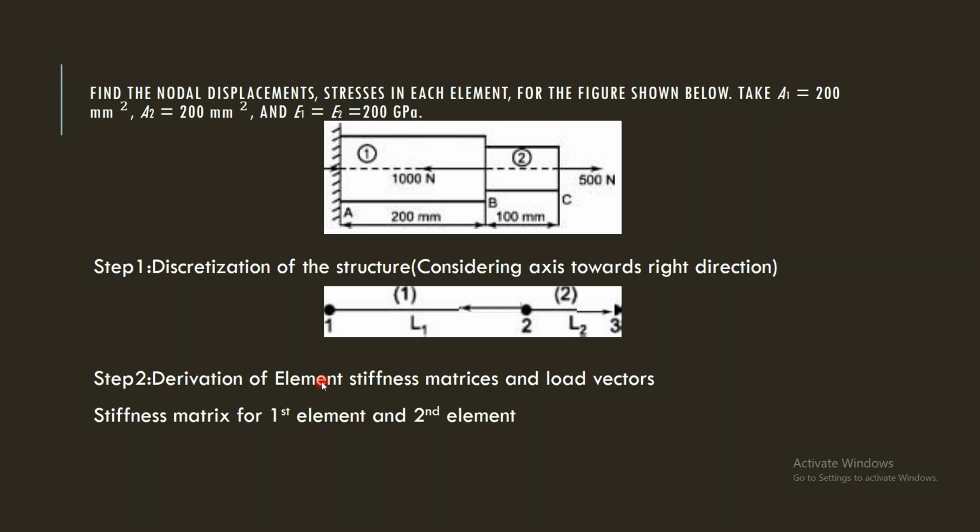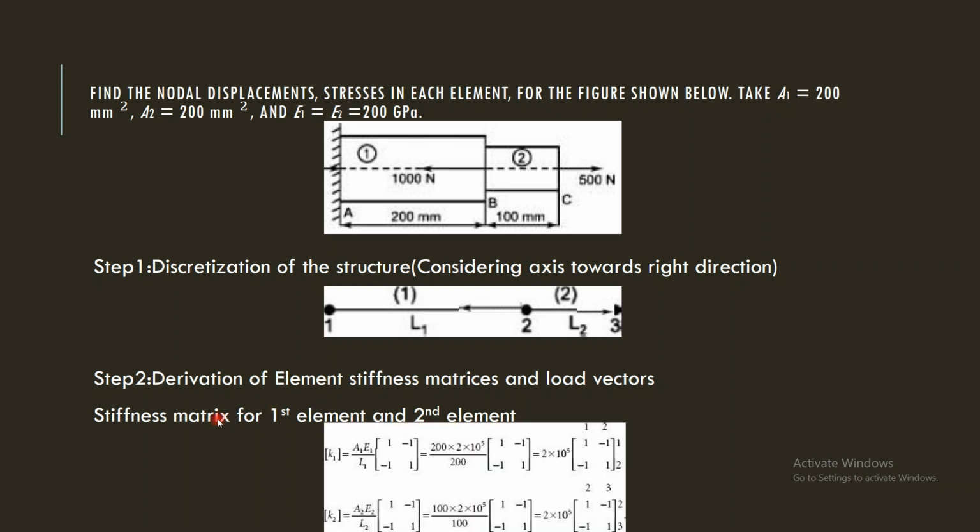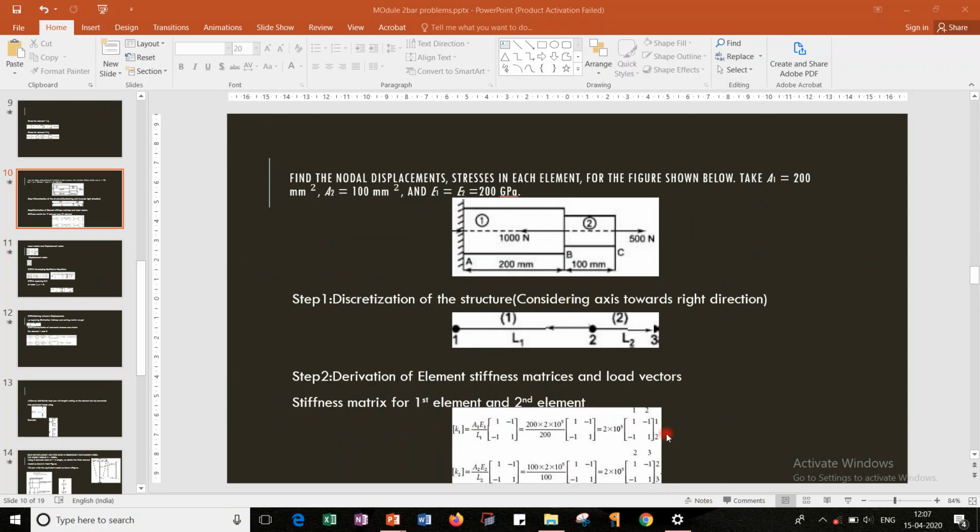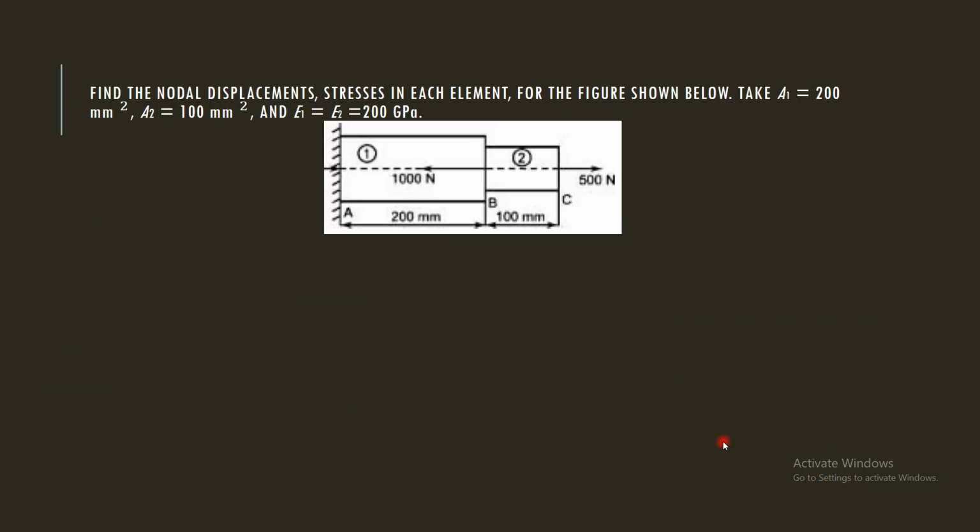Okay, so if you look into the equation and if I substitute all the things, there is a small mistake in the problem statement. A2 should be 100.